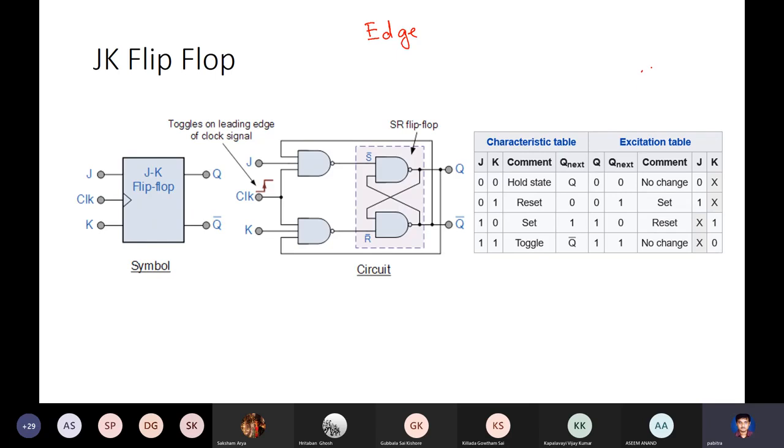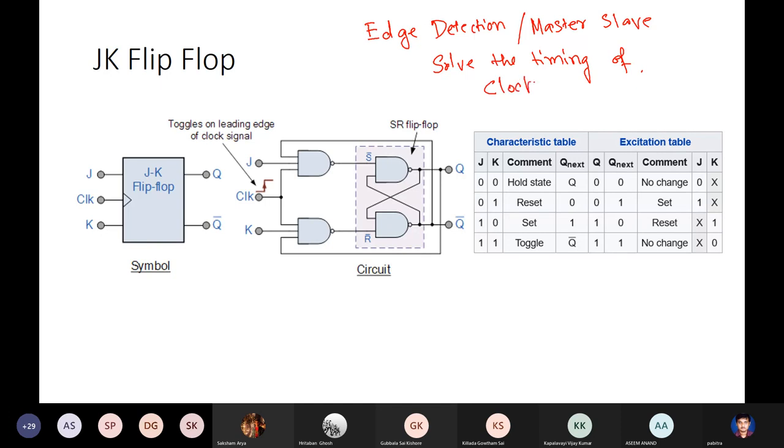One is called edge detection. And another is called a master-slave combination. They solve the timing problem, the pulse width problem.